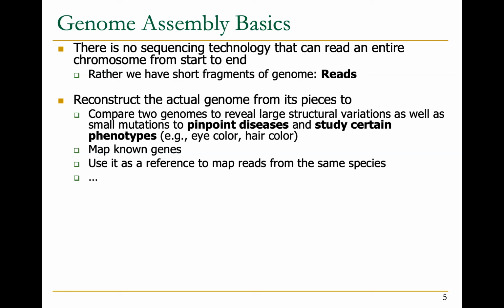For example, we want to compare two genomes to reveal variations between them, such as structural variations and mutations, because we want to pinpoint diseases and certain phenotypes. So, for example, when you compare a genome with a certain disease with a healthy genome, you could perhaps identify the parts in the genome that are causing the disease for that individual.